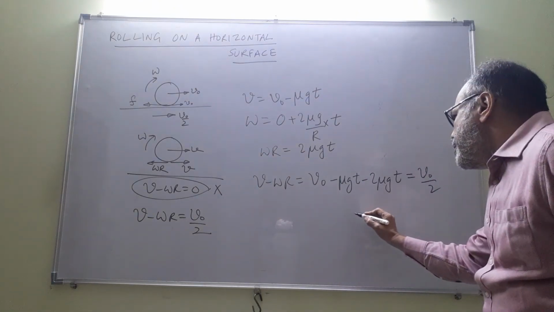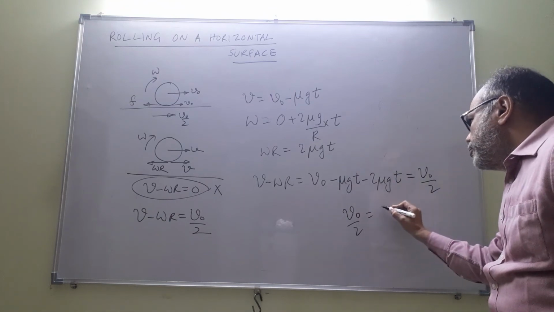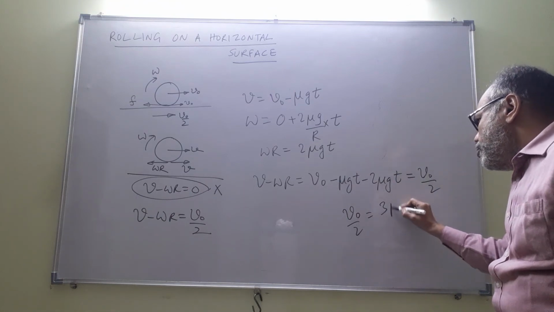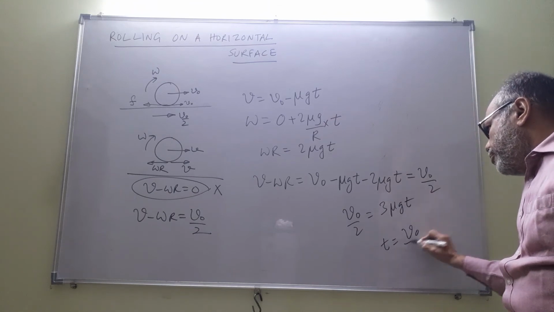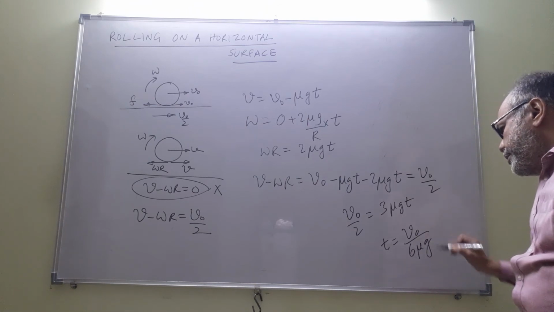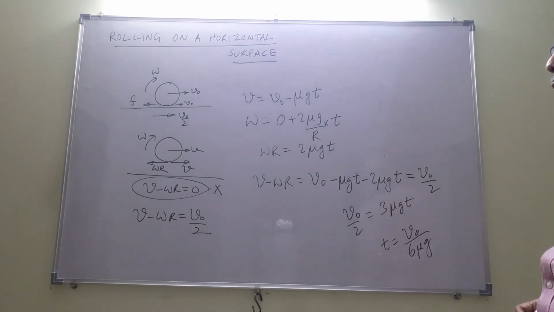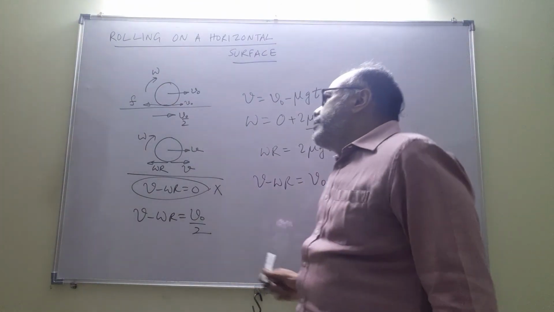So this would be v naught minus v naught by 2 is v naught by 2. This will be 3 mu gt, or t equals v naught by 6 mu g. That is the time at which pure rolling will start on the surface which is not at rest.